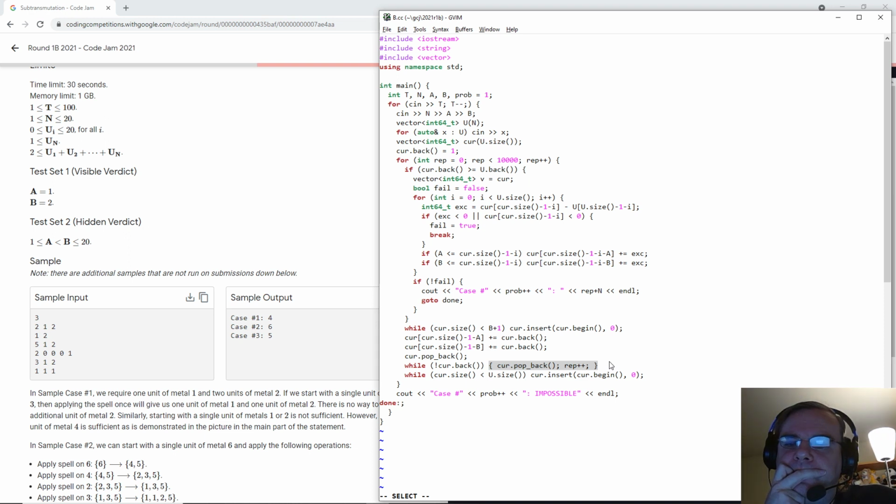So every time I pop something off the top of this array, I am adding a rep, which basically means I have to shift the metals up 1 in order to match with the input vector u. And yep, I think that's right. Okay.